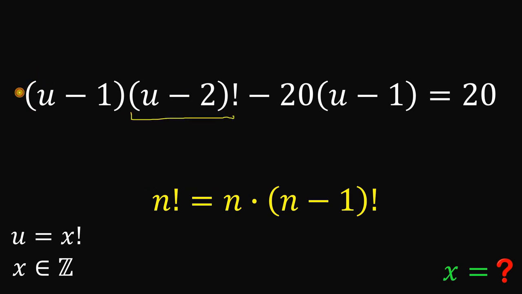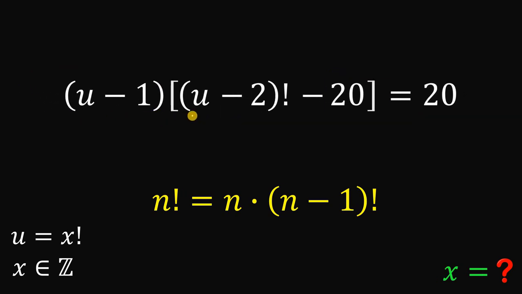Now, we can get the common factor of u minus 1 for these two terms. If we do that, we get u minus 1 multiplied by u minus 2 factorial minus 20 equals 20.